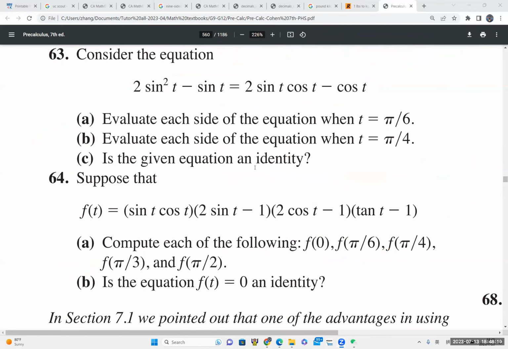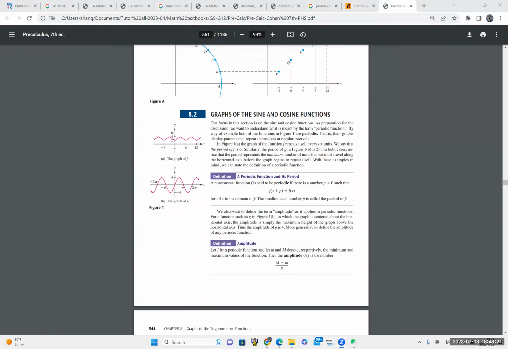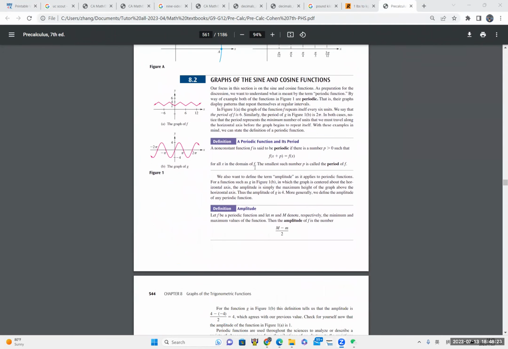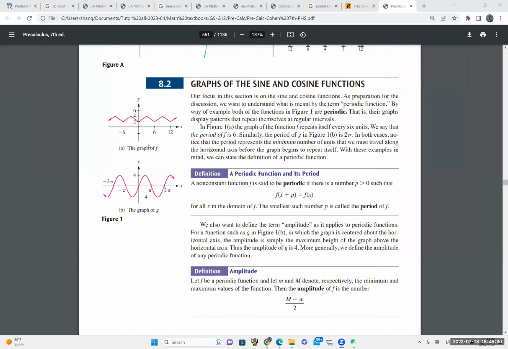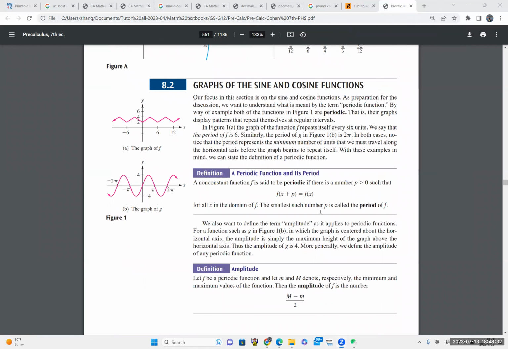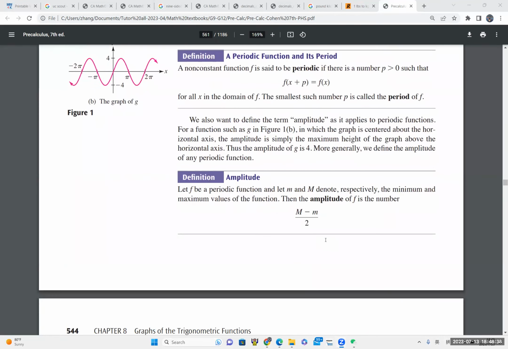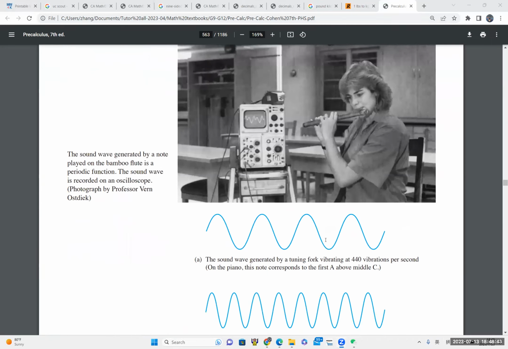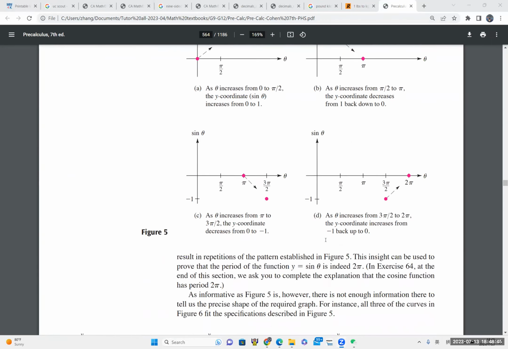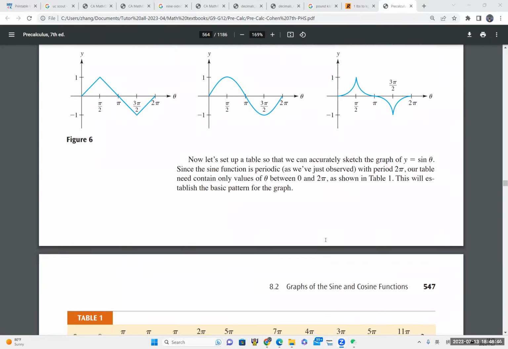Okay, now let's go to the next section: graph of the sine and the cosine function. Then we need to mention it's periodical. This is complicated.